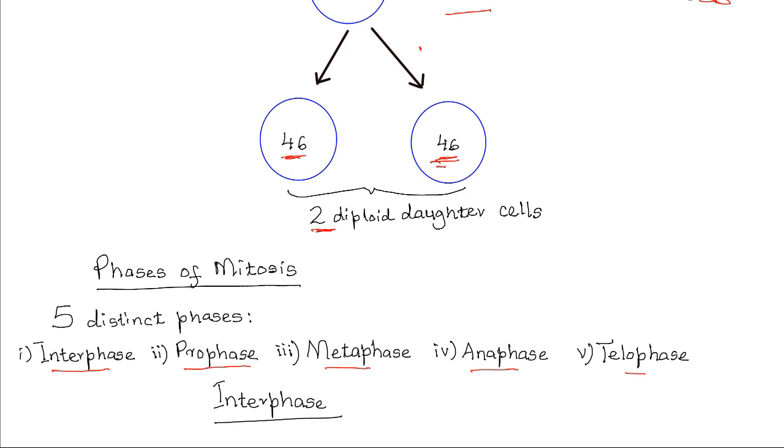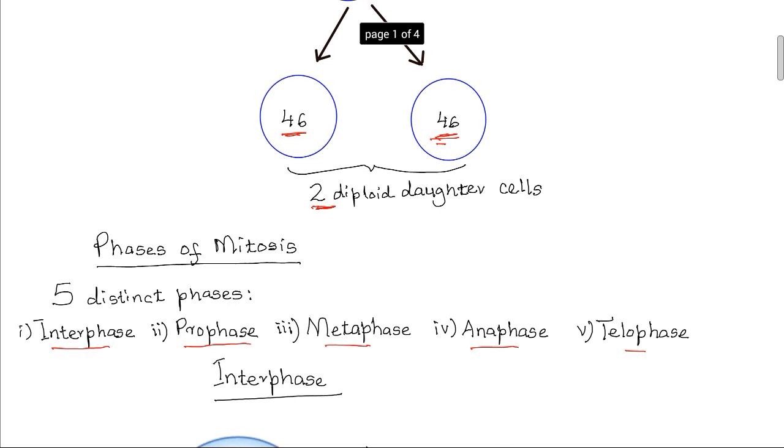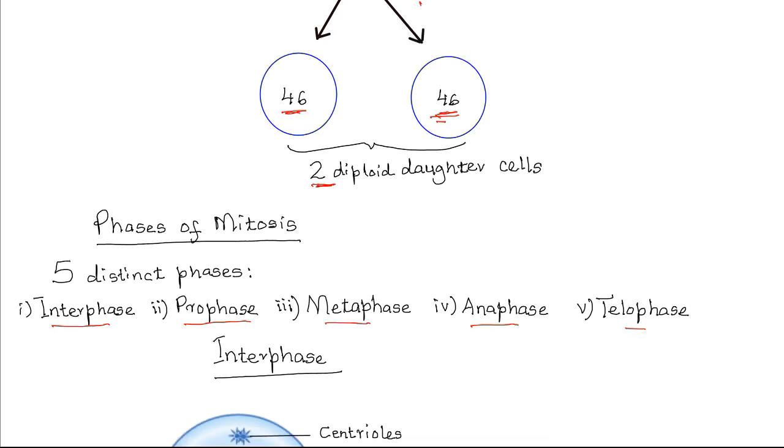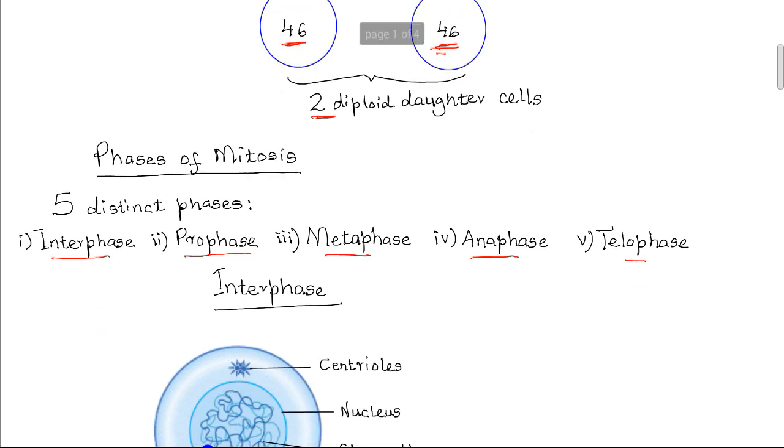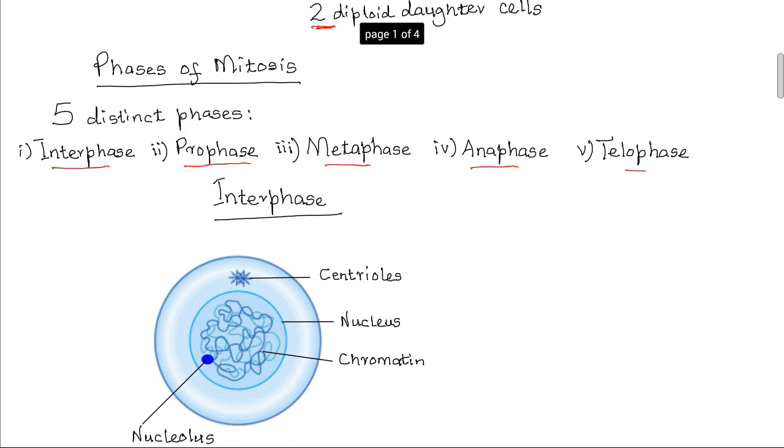Now, each phase is characterized by specific behavior, appearance, and position of the chromosomes. We look at the events that take place in each of the 5 phases, starting with interphase.